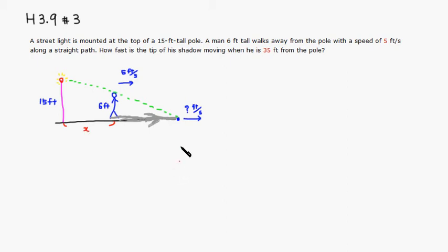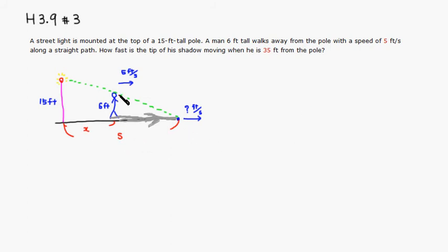Also, we want to know how fast the tip of the shadow is moving, so we want to measure the distance from the pole to the tip of the shadow. I'm going to call it y. Actually, I'm going to call it s because it's a shadow. Then we try to set up some kind of equation relating x and s.